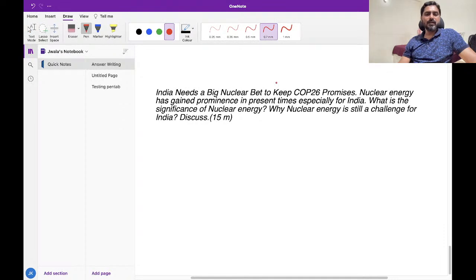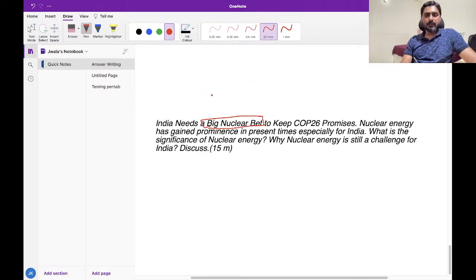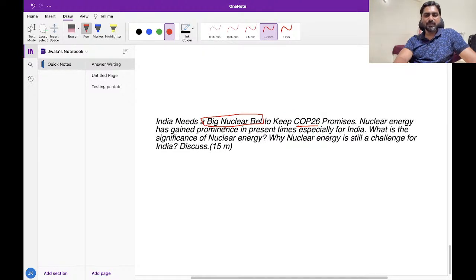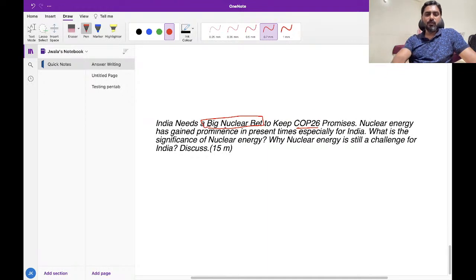India needs a big nuclear bet to keep COP26 promises. Nuclear energy has gained prominence in present times, especially for India. What is the significance of nuclear energy?